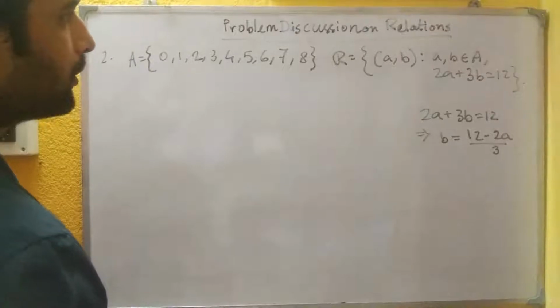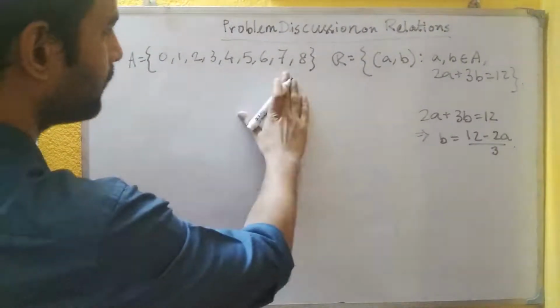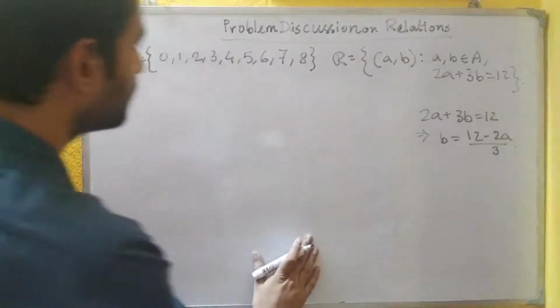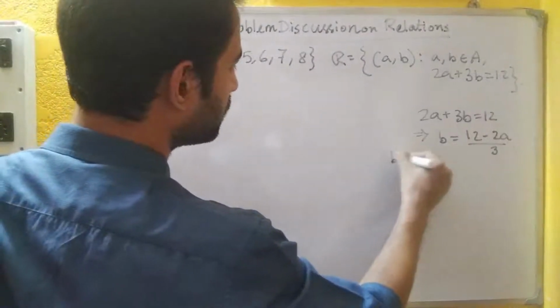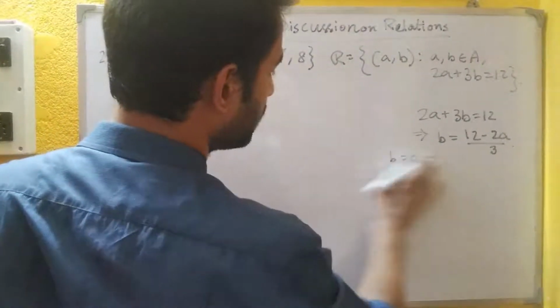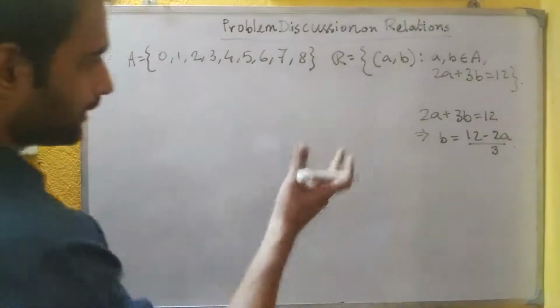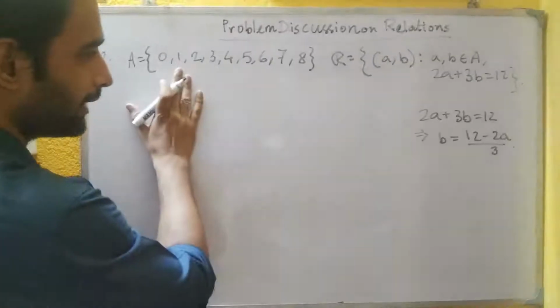Now you have to put the values taking from the set A and see what is coming. Now we have to put the value of a to find b, and we have to put the value of a from the set A, capital A.